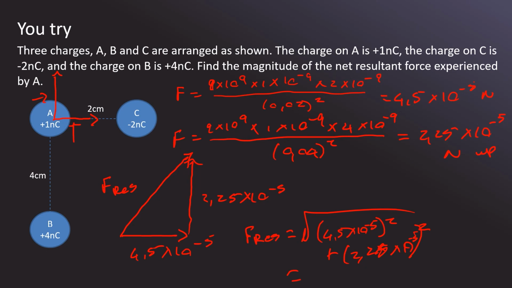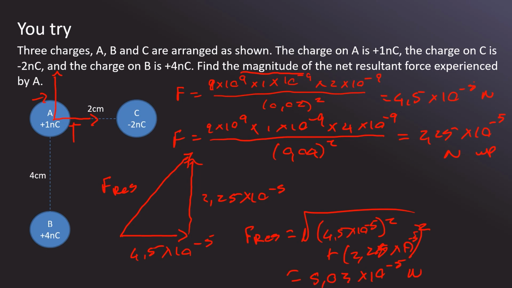Right, so root of 4.5 times 10 to the negative 5, which we are going to square, plus underneath that square root sign still the 2.25 times 10 to the negative 5, which we again are going to square, and so I get here an answer of 5,03 times 10 to the negative 5 newtons. And we were just asked for the magnitude, so I don't have to give the direction, and that's what we ended up with there. So well done if you got that correct.